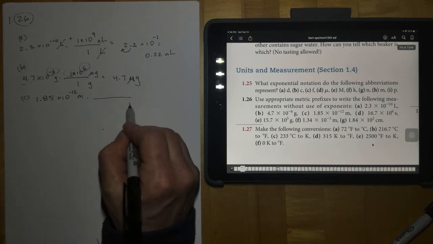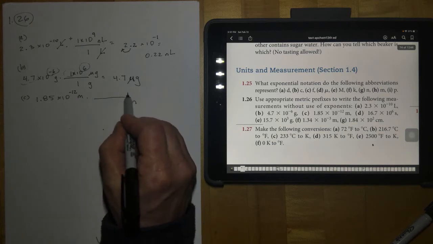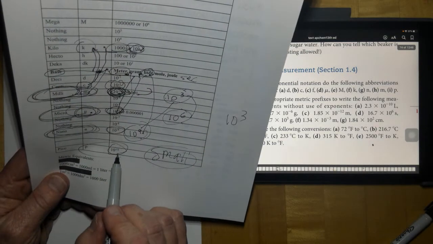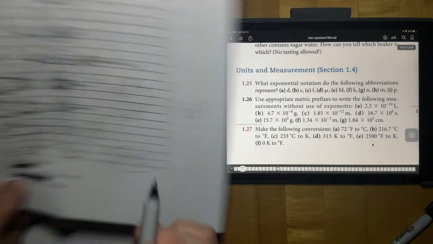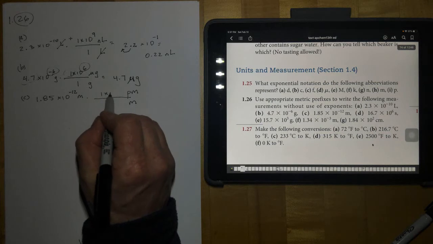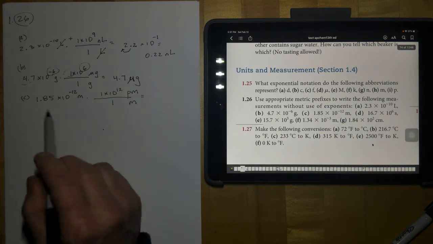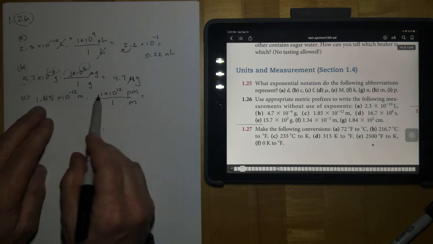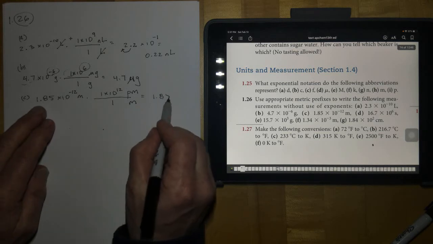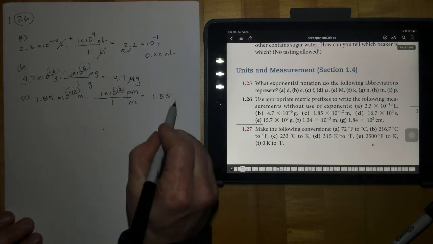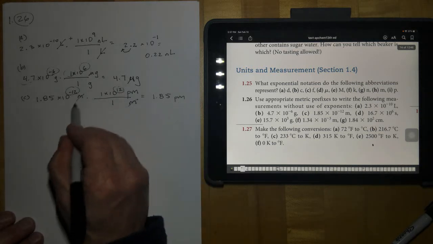Put meters in a position where it's going to cancel. Picometers is my new set of units, and there are 10 to the 12th of the small unit in one of the big units right here. So 1 times 10 to the 12th picos in 1 meter. So multiply these two numbers together and you end up with 1.85. Add the exponents, negative 12 and 12 adds up to 0. So then we end up with picometers right here.